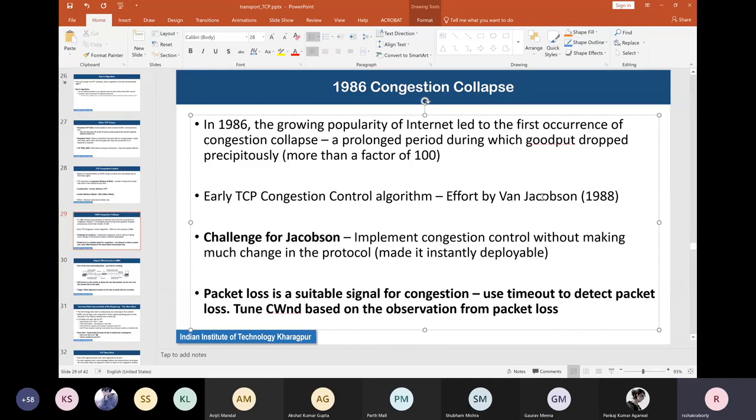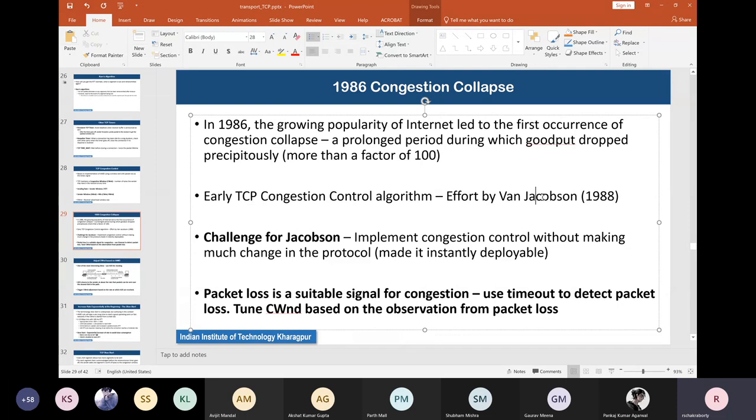Unfortunately, how to know the situation of the network? There are two main challenges that Jacobson faced. First of all, do not do anything that affects the existing implementation of TCP, or the protocol.